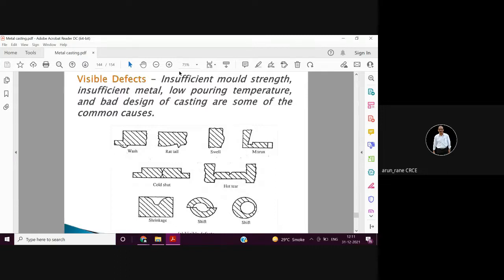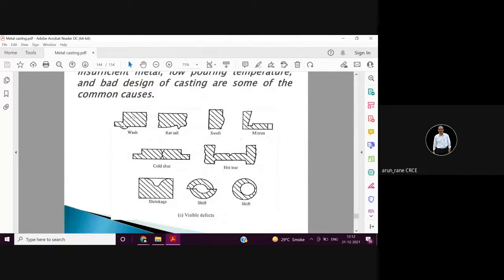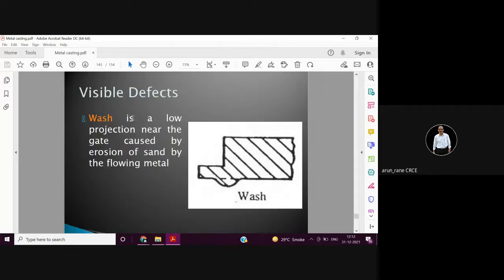These are the reasons. It is self-explanatory and not that difficult. Some of the defects are explained. Wash.